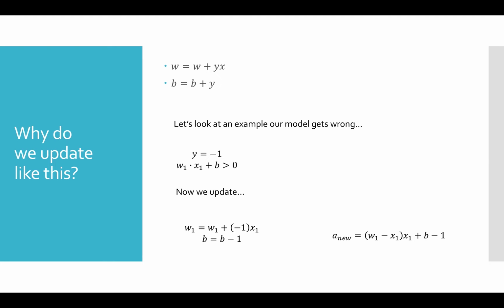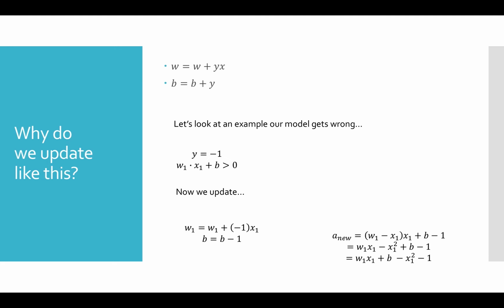That means our new activation the next time around, when we see this sample, is going to be (W1 minus X1) times X1 plus B minus 1. All we did was substitute the equations on the bottom left into the equation for the activation, okay? We reduce a little bit and we get this equation.